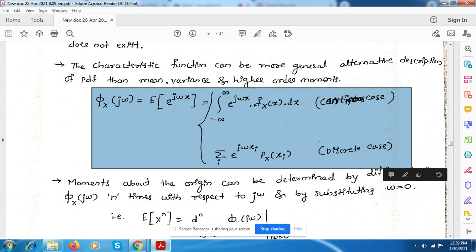Here this term is multiplied with the PDF value and integrated from minus infinity to plus infinity. For the discrete case, this is the summation: e raised to j omega xi is multiplied with the probability value or the PMF, that is px of xi. So this is an important formula. You have to write it in your notes.